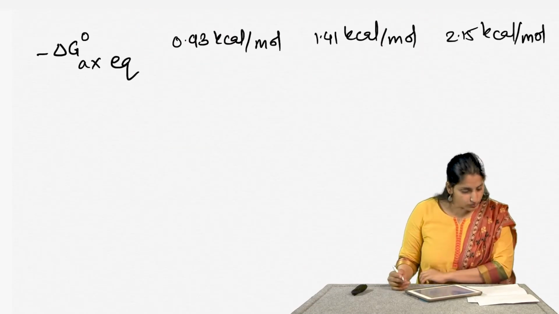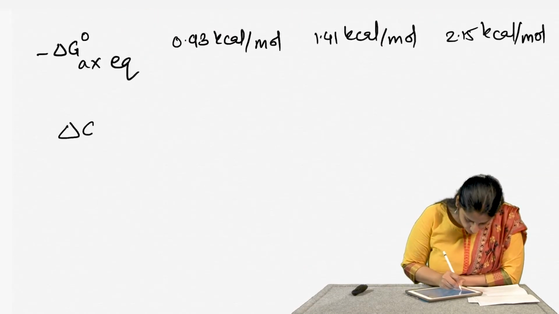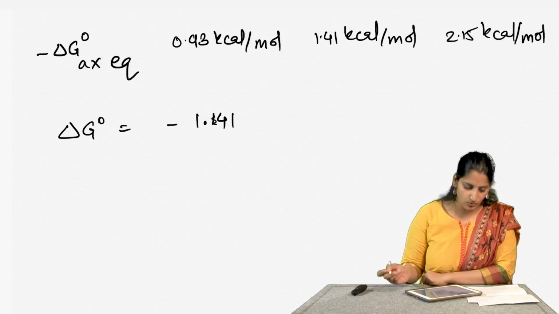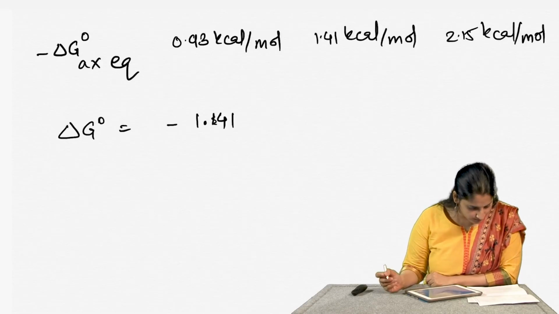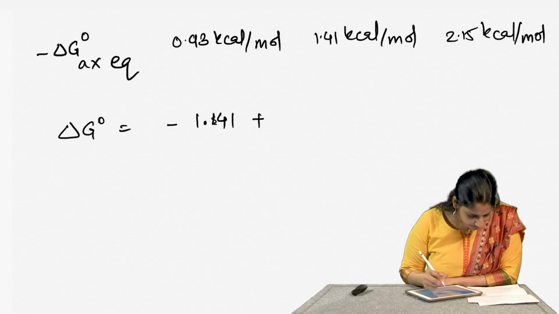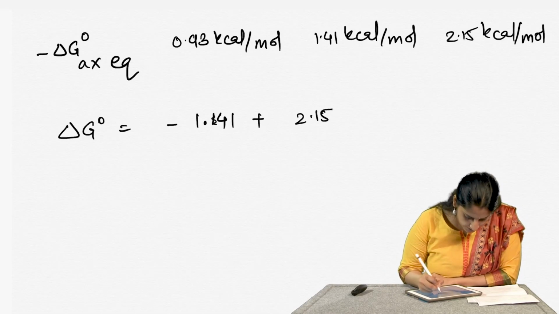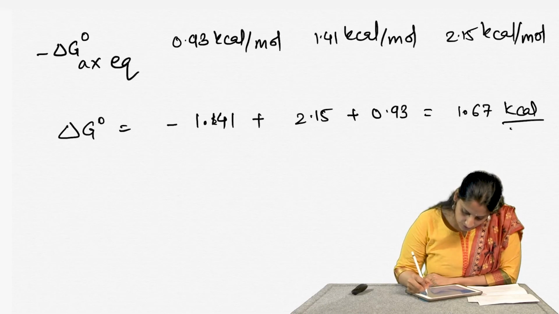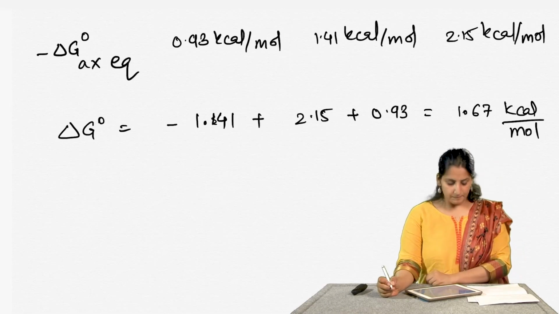So, if I do the delta G 0 calculation, I will take minus 1.41 because NH2 is going from axial to equatorial, and I will take 2.15 plus 0.93. So, the total delta G value for this flip is 1.67 kilocalories per mole.